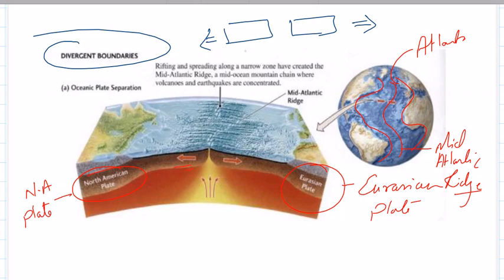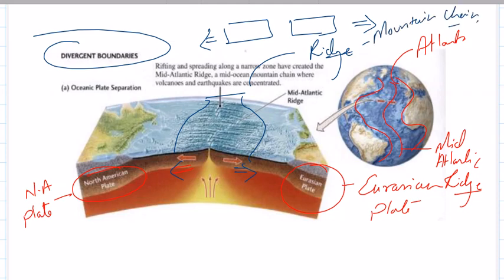You can see the arrows pointing in opposite directions, and this is the Mid-Atlantic Ridge. What is this basically? A ridge means a mountain chain. So this is an underwater mountain chain being created because the North American plate and Eurasian plate are moving apart from each other.